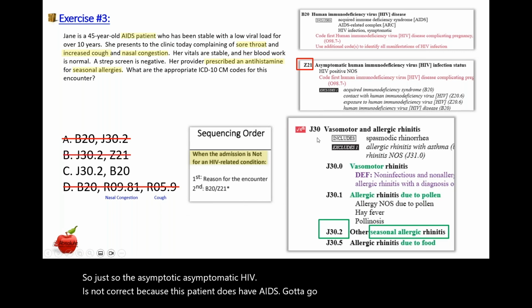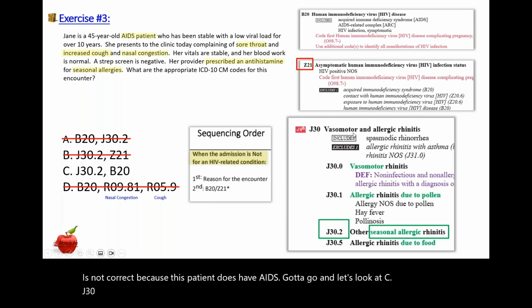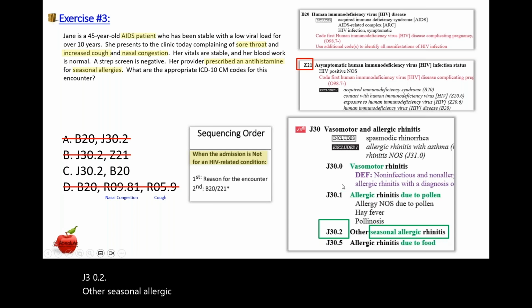Got to go. And let's look at C, J30, vasomotor and allergic rhinitis. And if you look below, J30.2, other seasonal allergic rhinitis is the correct answer.